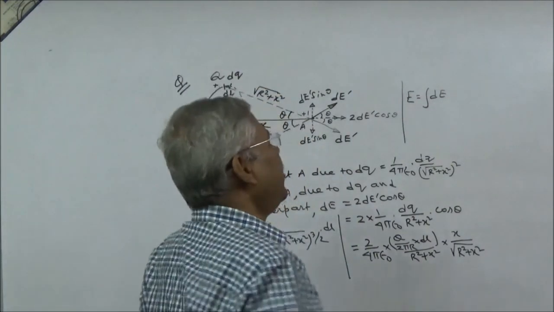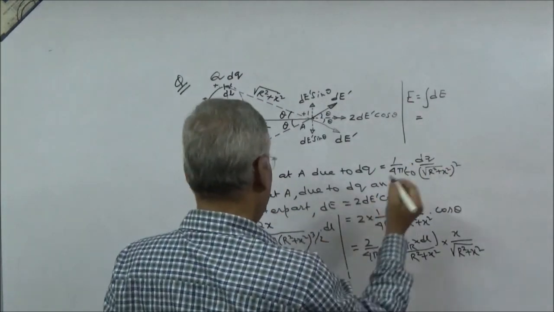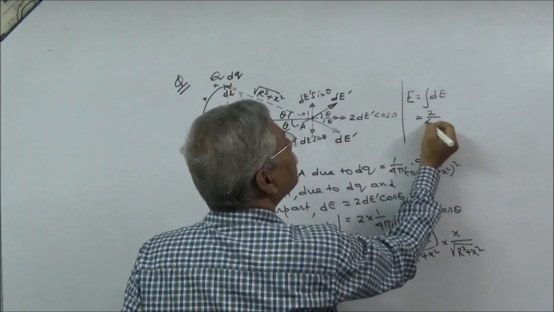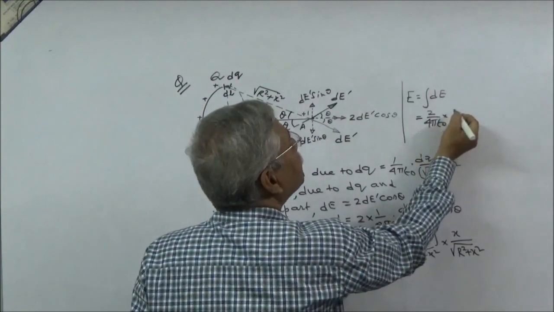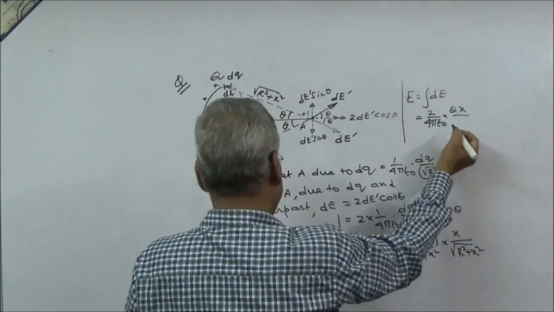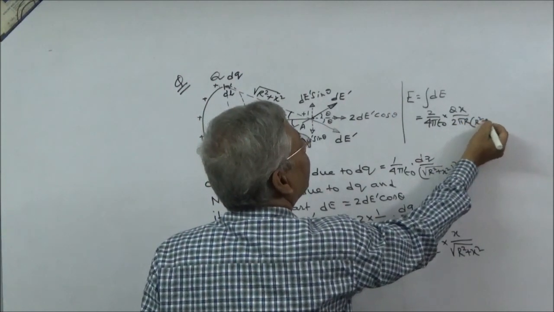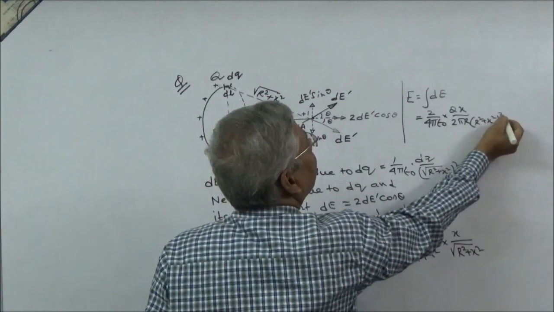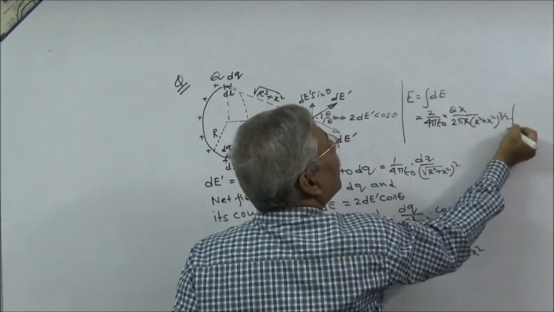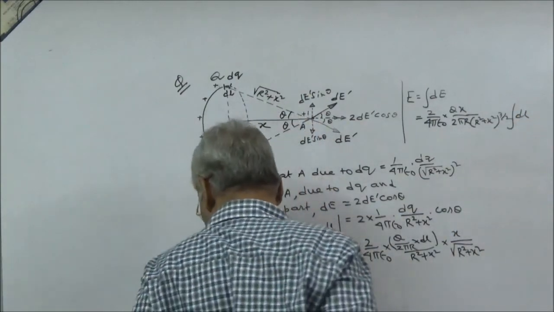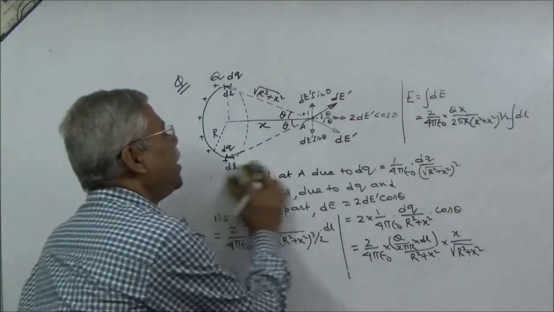So integration dE equal to 2 by 4 pi epsilon naught, qx by 2 pi r, square plus x square whole to the power 3 by 2, integration dl.